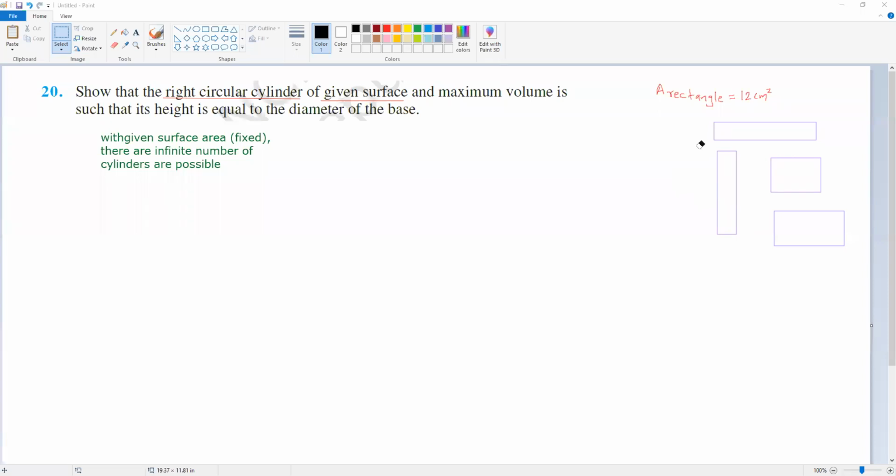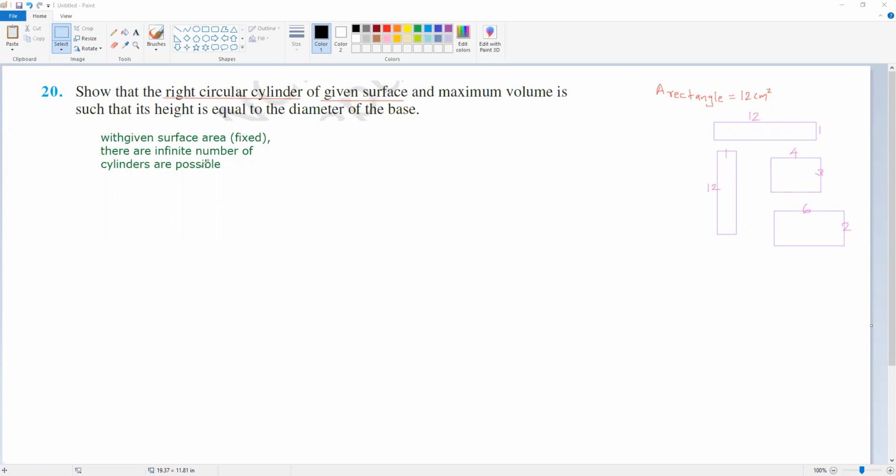It can have like this. They say 12 and 1, or 1 and 12, 4 and 3, 6 and 2. These kinds of different rectangles are possible if the area is fixed.